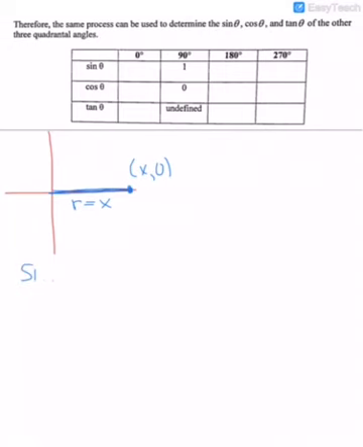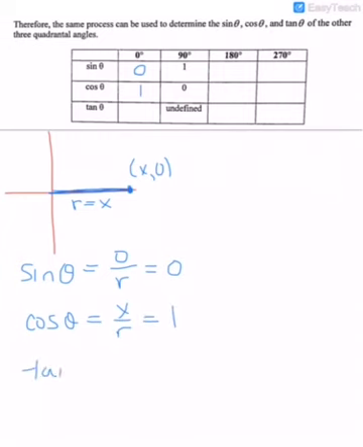Sine is opposite, which is 0, over hypotenuse, which is r, so sine of 0 degrees is 0. Cos is adjacent, which is x, over hypotenuse, which is r, and these are the same, so it's 1. Tan is opposite, which is 0, over adjacent, which is x, so we end up with a tan value of 0.